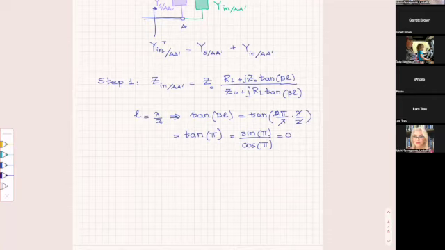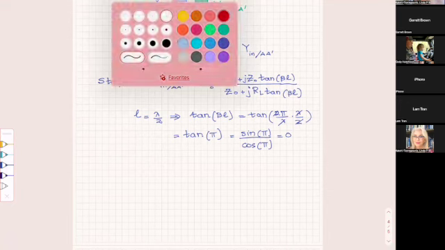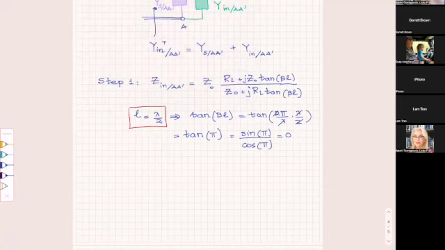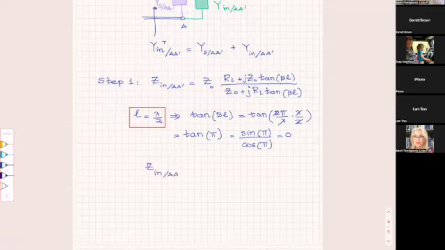So then, for this case, we have that Z input at A prime equals Z naught times RL over Z naught, which in fact makes Z input at A prime to be RL.